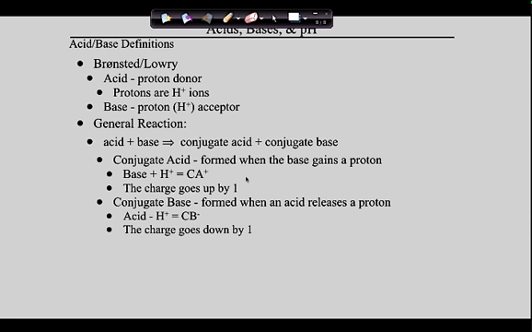When you come back for AP next year, we spend weeks, months, talking about the chemistry of conjugates. But for this class, all you've got to be able to do is identify which is the acid, which is the base, which is the conjugate acid, and which is the conjugate base.